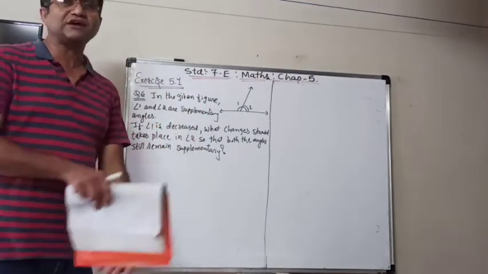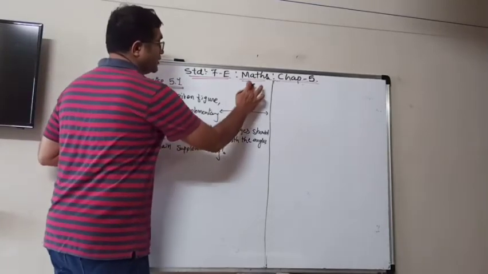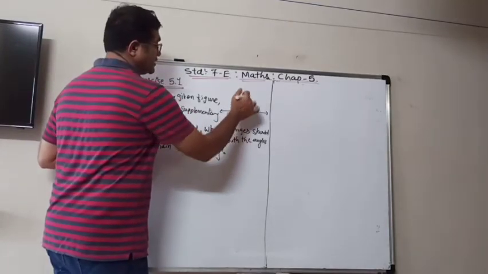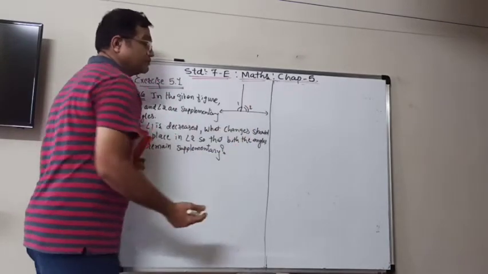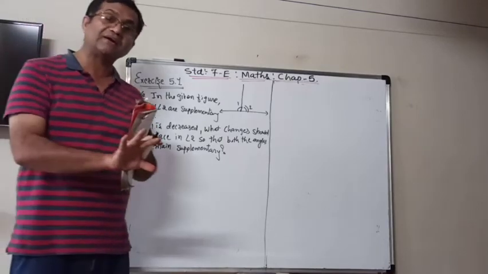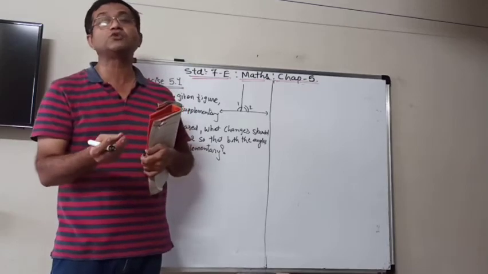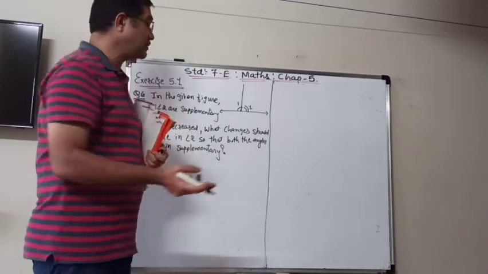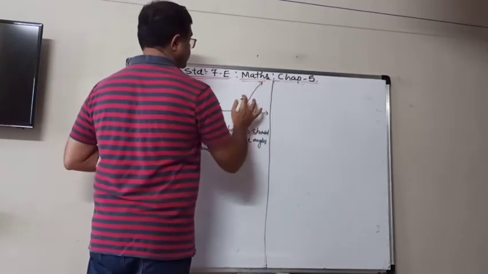So now it is obvious that if you make the angle smaller, then what will happen? The angle 2 will be increased. How much? Whatever angle 1 is decreased, same measure angle 2 will be increased. Right? So what we have to write down? Let's see.